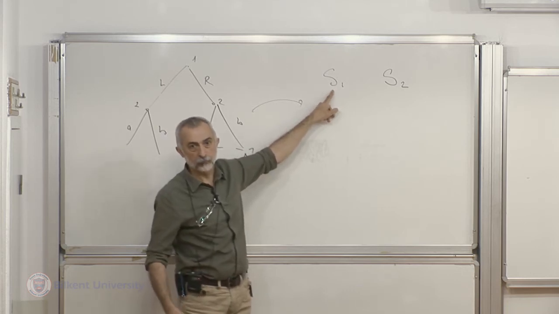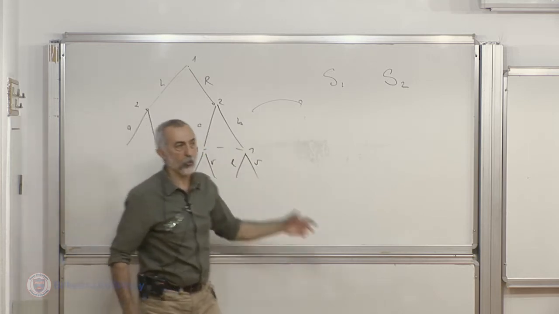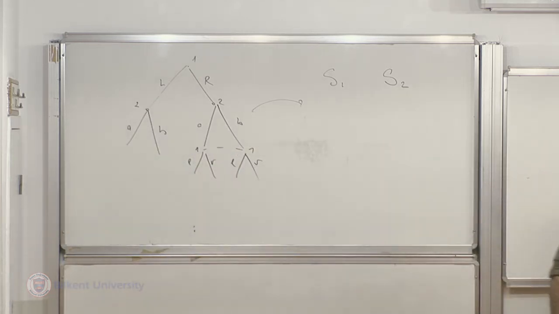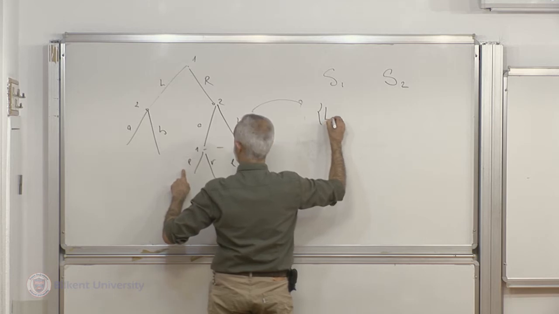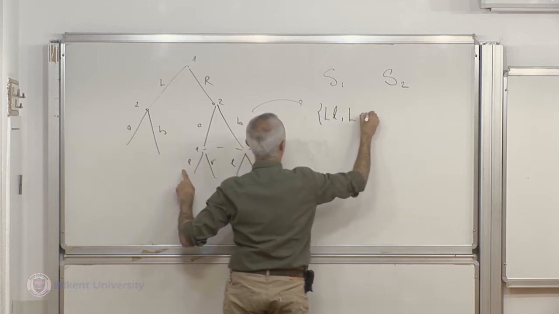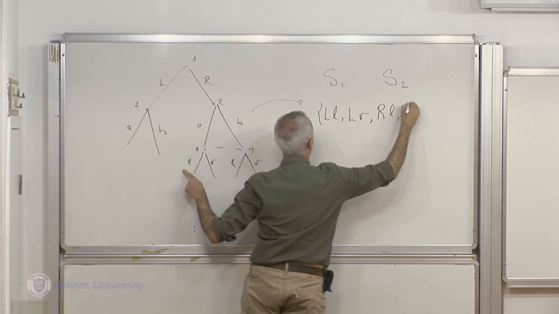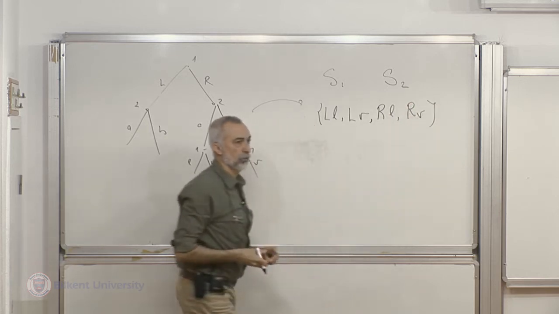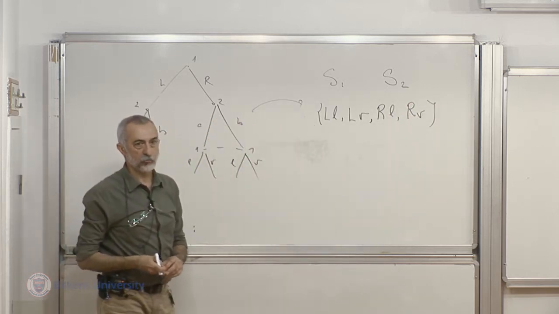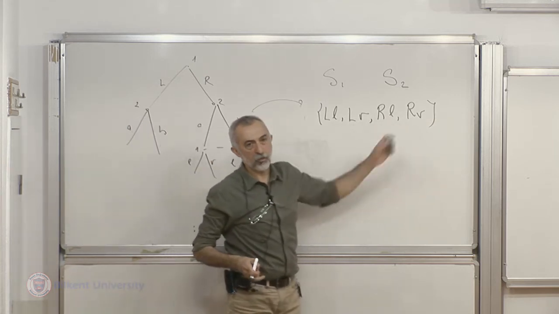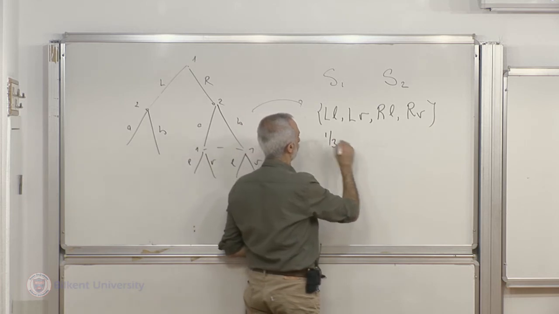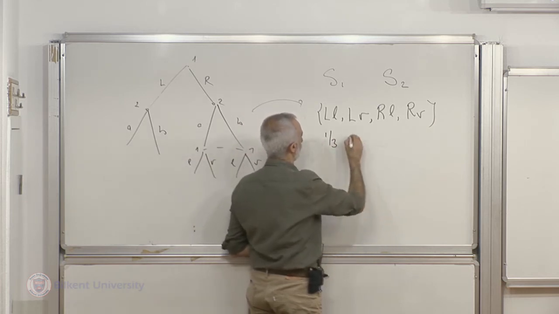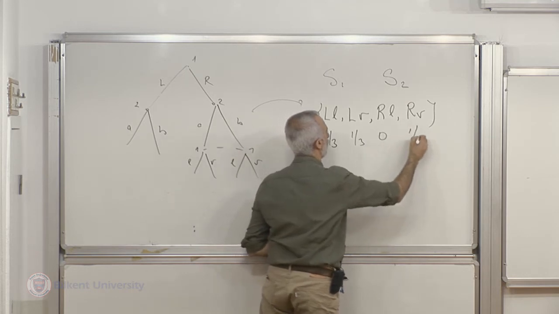That's one way. So before the game starts, let's write this. His strategy set is LL, LR, RL, RR. Before the game starts, he decides on a probability measure over this set. I don't know, 1 over 3. Well, I'll keep it like that, otherwise I'll make some arithmetic mistake.